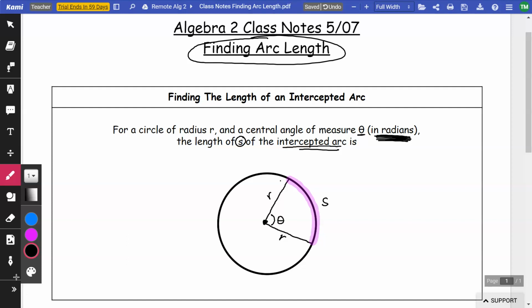So S is equal to the radius times theta, and theta needs to be in radians. So let's go ahead and apply that formula to some specific examples.